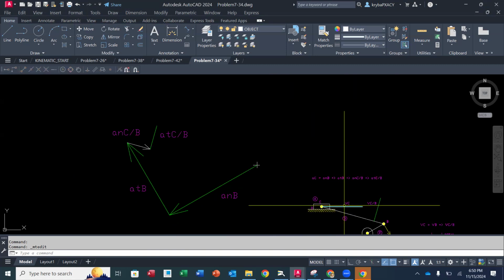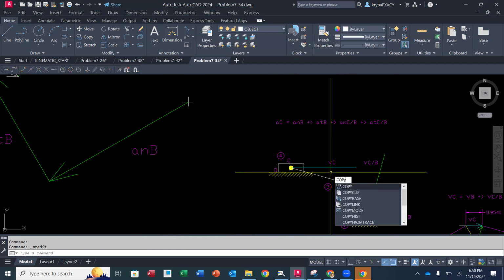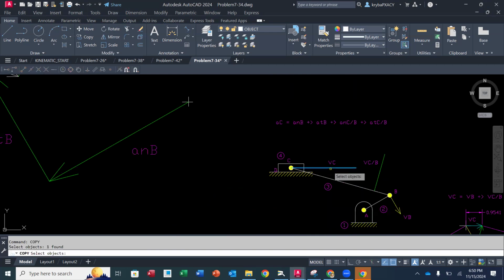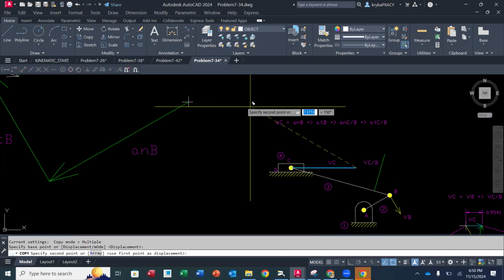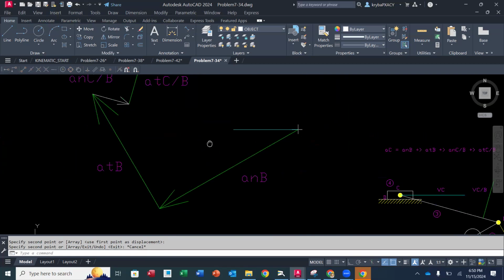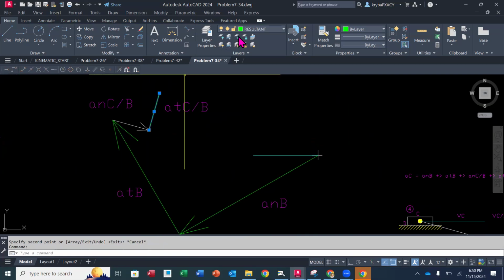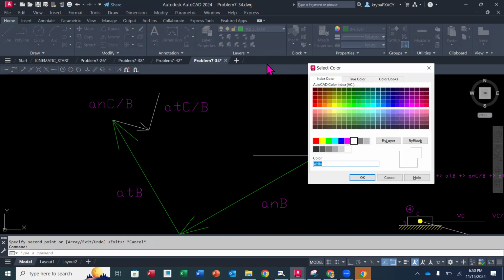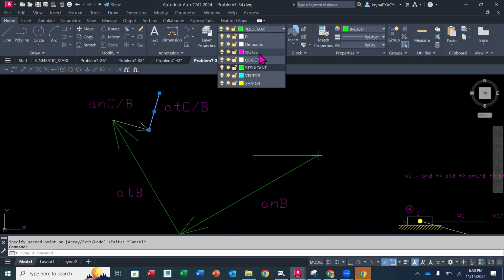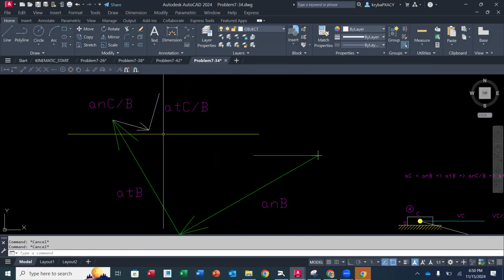You'll notice that C is on a straight horizontal line. So that's going to be the path or the line of action for the acceleration of C. So I'm going to put it through the endpoint there. And then now we've got to find an intersection between the last vector that we drew, which was the tangent of C relative to B, and here.